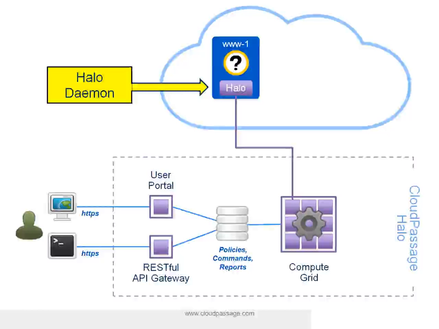Now the compute grid is a RightScale managed compute grid that does all the work on behalf of the Halo daemon. So what that means is that the Halo daemon is just instrumentation, it's eyes and hands, if you will, that the compute grid uses to learn information about a server's security state and events on the server. The compute grid does all the crunching and analysis of information and decision making based on the policies that you create through the user portal, and then the compute grid will issue instructions back out to the Halo daemon to take steps to secure the server, such as disable a particular user or change a firewall rule, things of that nature.